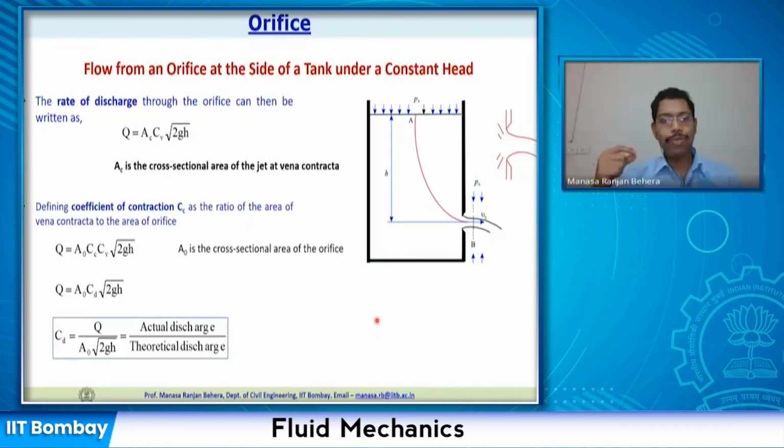We know the area of the orifice, so from that we can find the theoretical discharge, and we can measure the actual discharge, and by taking the relation we can find the value of Cd. And in experiments you have options to find the minimum area, the area at the vena contracta, and from that you can find the value of Cc, and from that you can also derive the value of Cv.